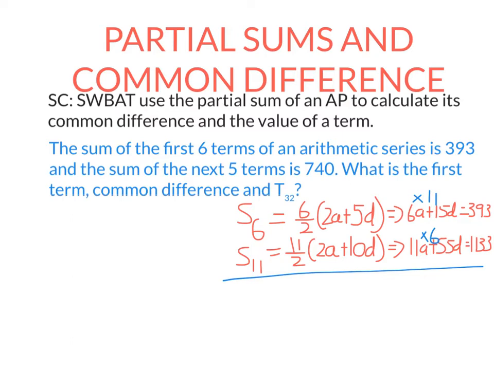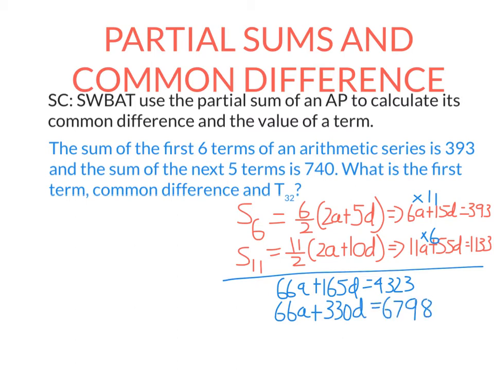In the top equation, I go 6a times 11, 15d times 11, and 393 times 11. The second one I times by 6, 11a times 6, 55d times 6, and now I'm going to do 1133 times 6.